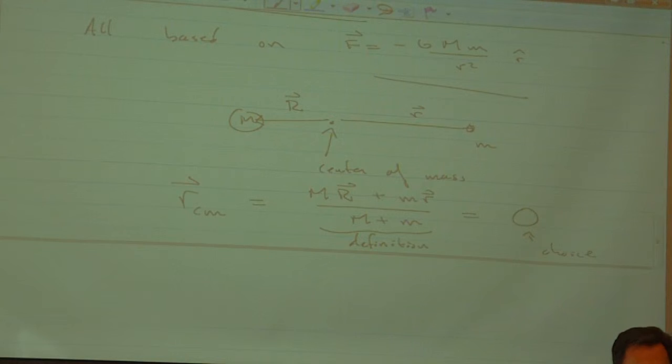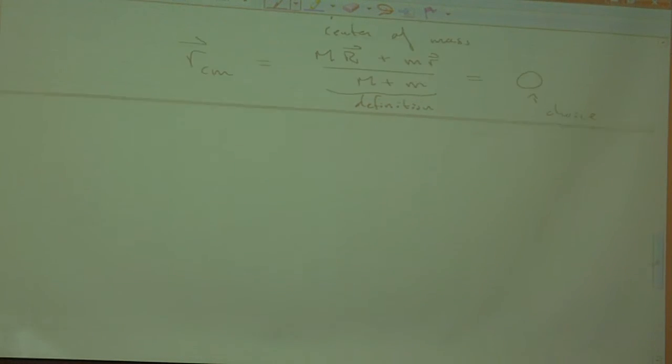Feel good? Alright. If we choose to put the center of mass at the origin, then we can solve for r, and we get r is little m over big M times R. Alright? Feel good?